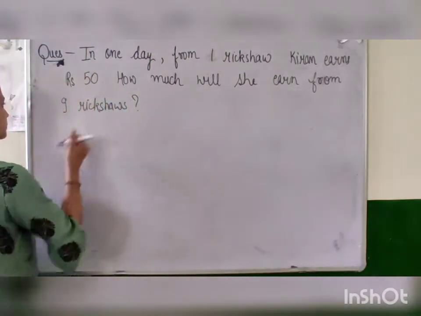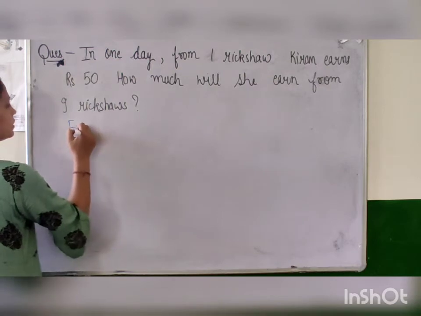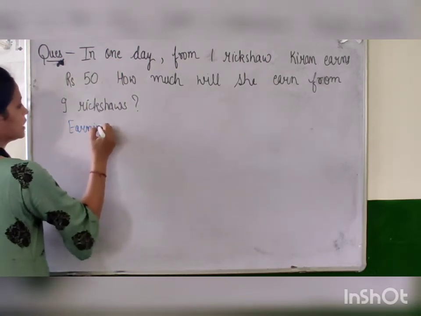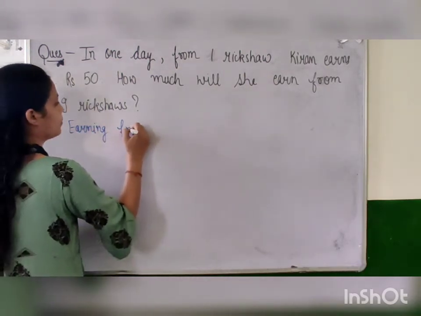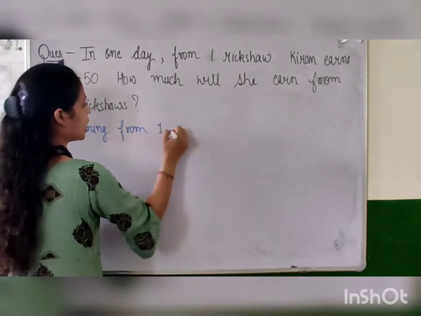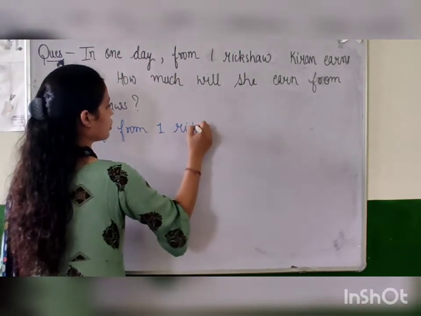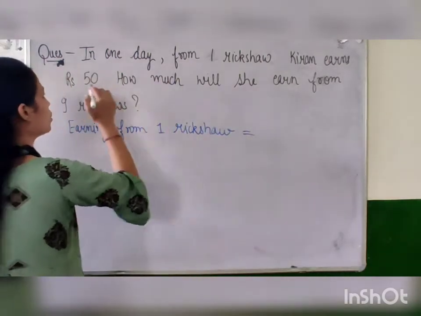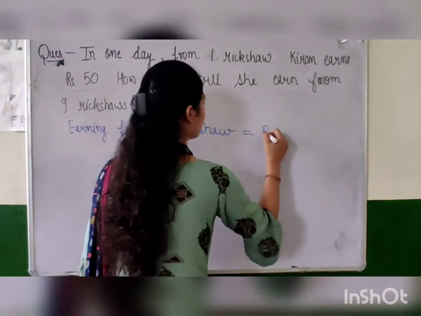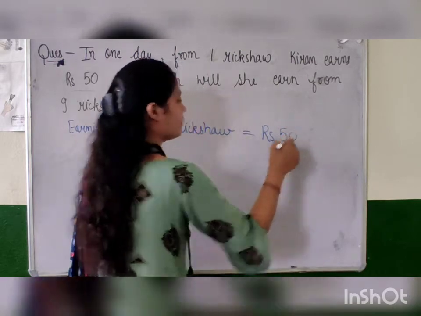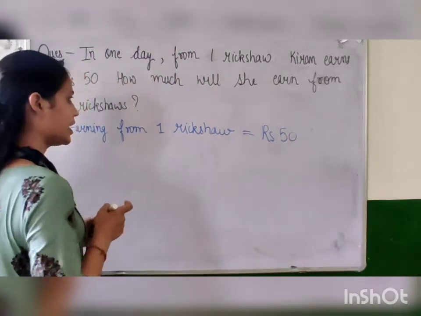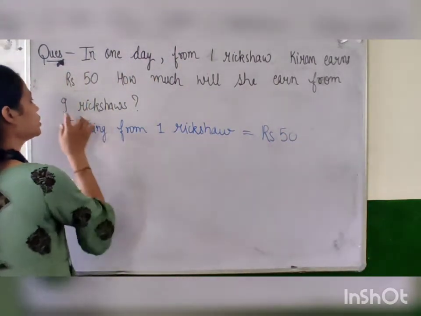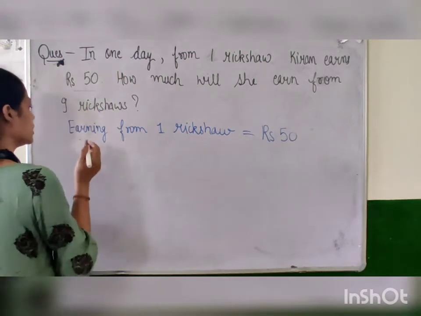So let's see. Earning from one rickshaw. How much is she earning from one rickshaw? Earning from one rickshaw is rupees 50. And we have to now find out how much will she earn from 9 rickshaws.